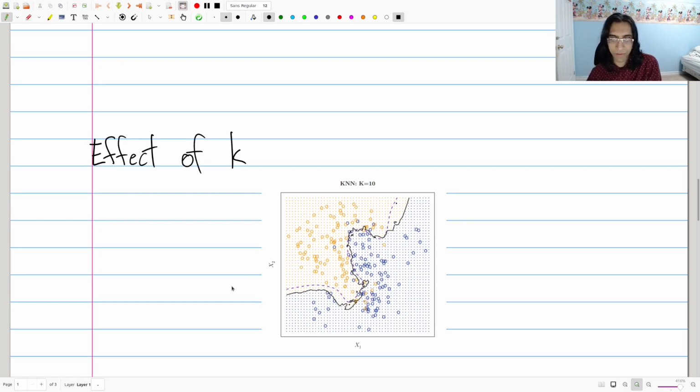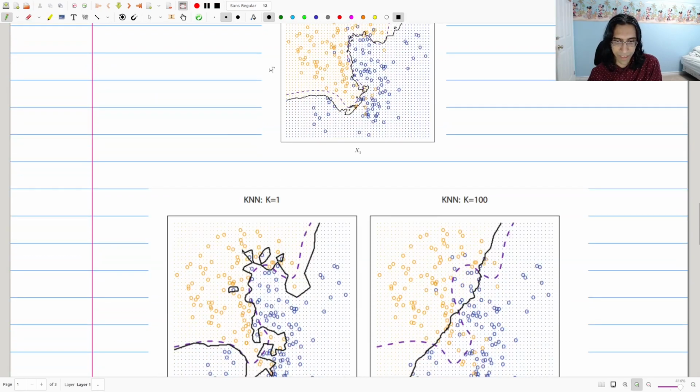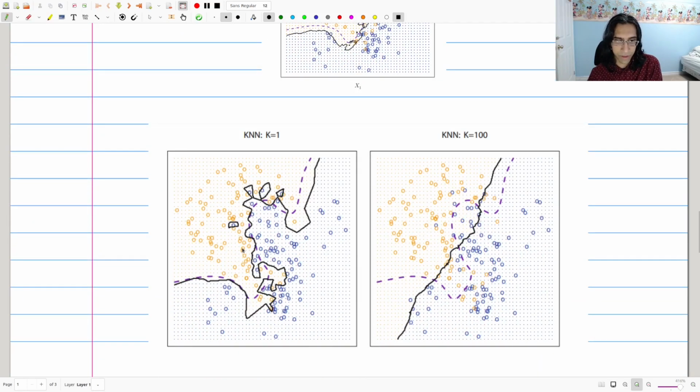But what happens if we take k to be smaller or larger? We can see that with these examples, which are on the same data set, but with k equal to 1 and 100. When we take k equals 1, it looks too myopically. For a point right here, sure, it's right that this specific point is going to be a -1, a blue.